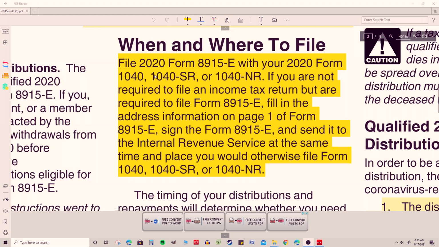This part is really important, and I think a lot of people might not understand this. It says when and where to file. File 2020 Form 8915-E with your 2020 Form 1040, 1040-SR, or 1040-NR. If you are not required to file an income tax return, but are required to file Form 8915-E, fill in the address information on page 1 of Form 8915-E, sign it and send it to the Internal Revenue Service at the same time and place you would otherwise file your normal tax return.